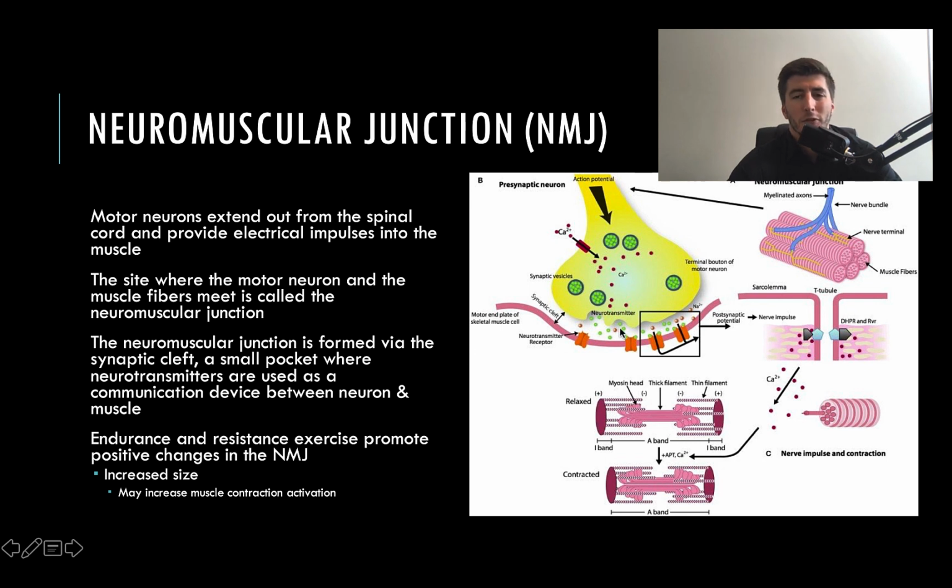This gap is called the synaptic cleft, and this gap is the only space that exists between the neuron and the muscle. So these two things, the neuron and the muscle, do not touch. They do not interface directly. Rather, there's a neurotransmitter expulsion that connects the two, right?